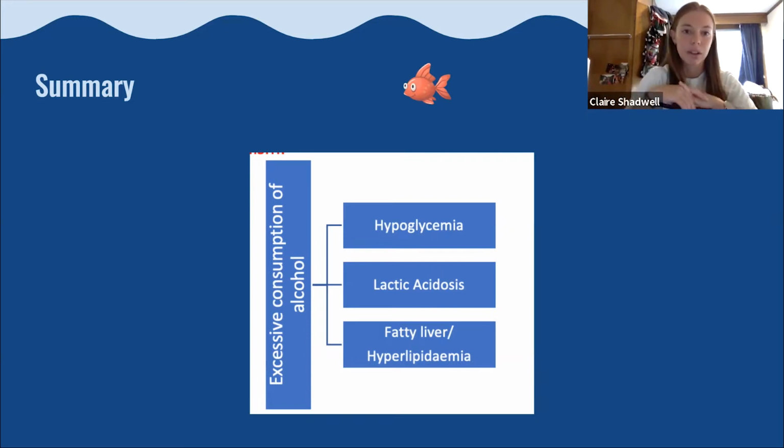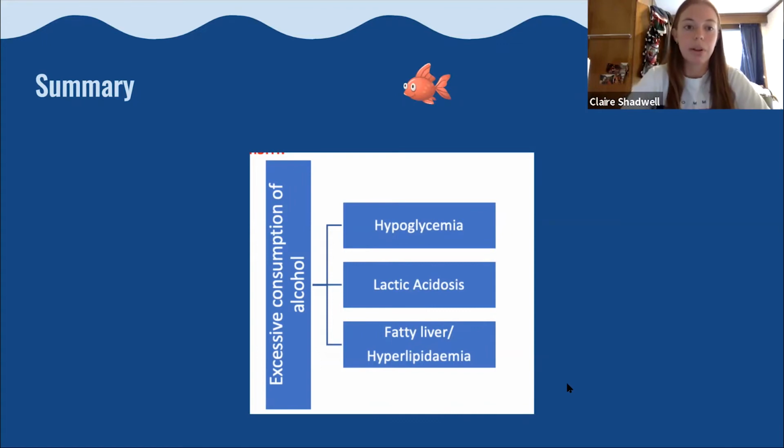This is because alcohol metabolism uses NADH, and so this buildup means that the conversion of pyruvate to lactate is favored, leading to the buildup of lactate, which leads to lactic acidosis and a decrease in pH. And then because there's no NAD+, the lipids that we ingest are rather converted to triglycerides. And so that's what leads to the fatty liver or hyperlipidemia.